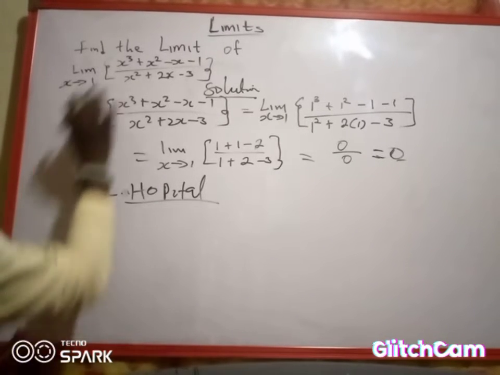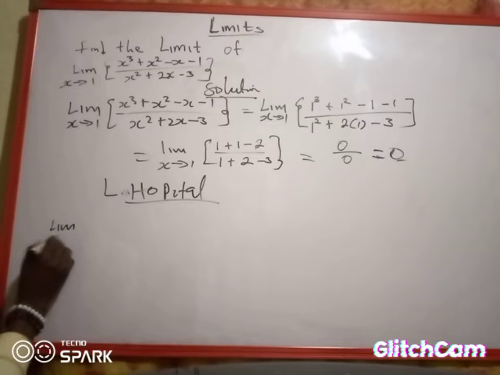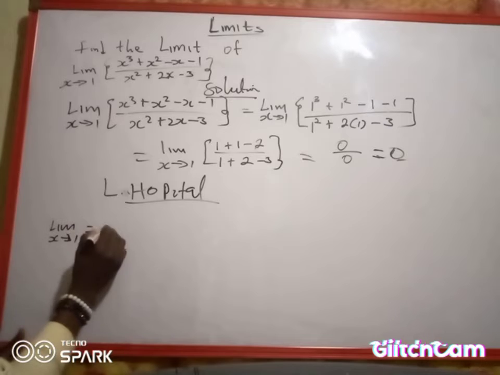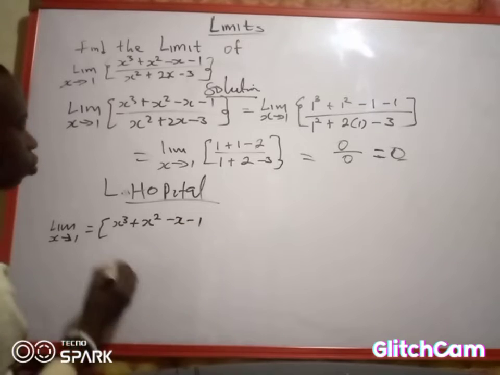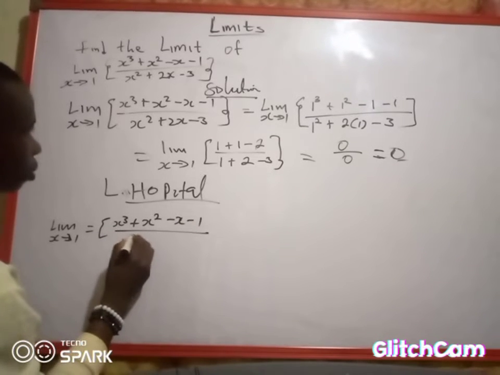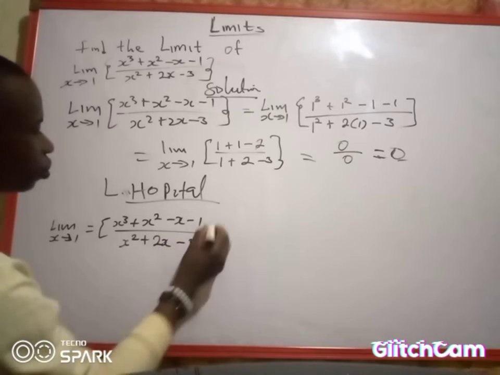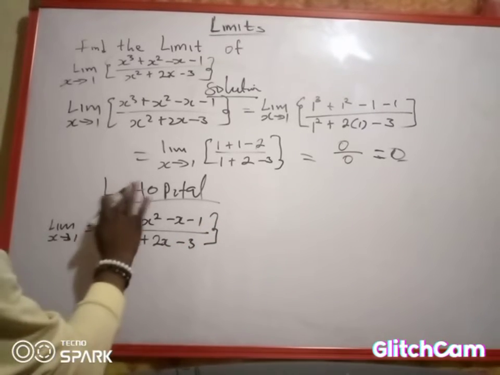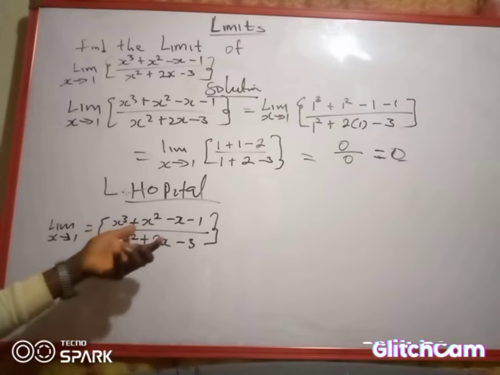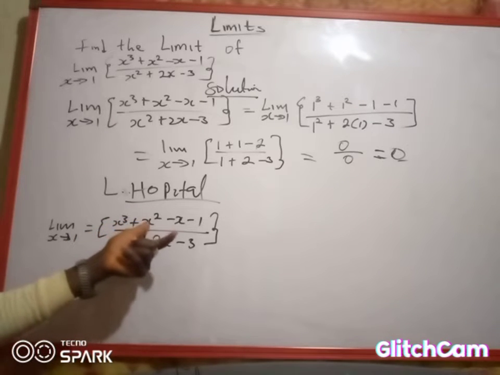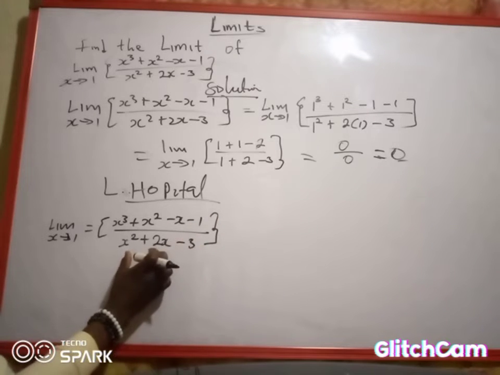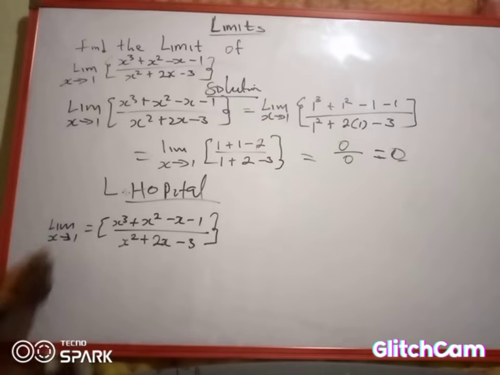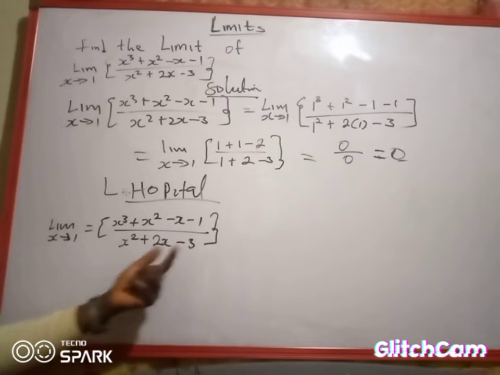So from the question, my limit as s tends to 1 of s cubed plus s squared minus s minus 1, all over s squared plus 2s minus 3. In using L'Hopital's rule, we differentiate this function separately, one after the other, that means the numerator separate from the denominator. Then we substitute the value of 1, as s approaches 1, into the function, and we get our limit.